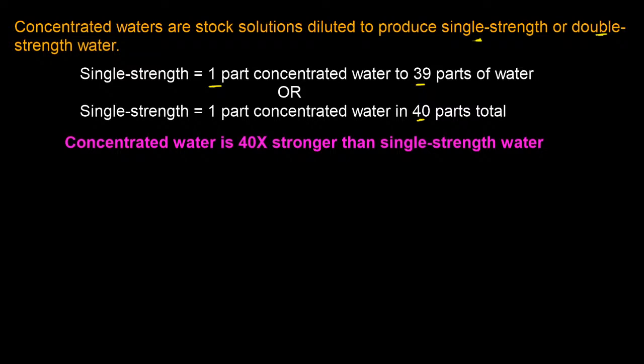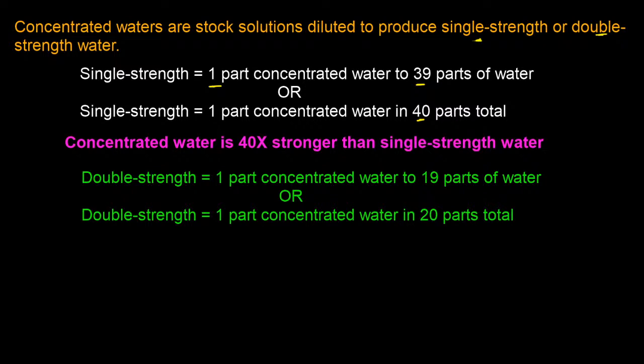Now, double strength implies that you have 1 part of the concentrated water to 19 parts of water. So once again, if you took 1 milliliter of concentrated rose water, then you would need 19 milliliters of water. That would imply that your total parts would be 20.